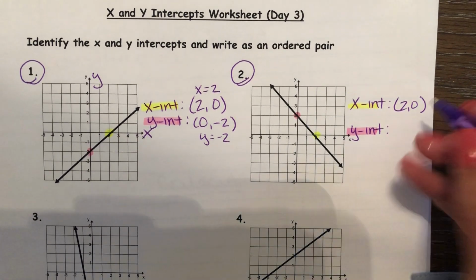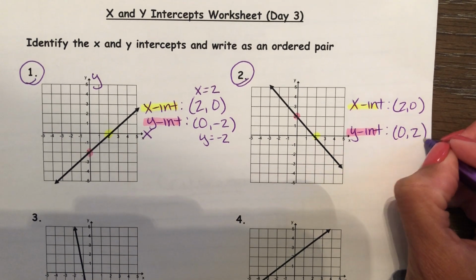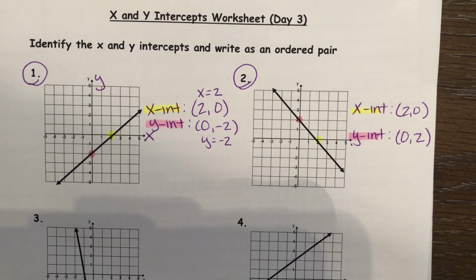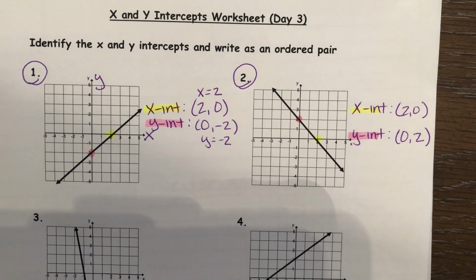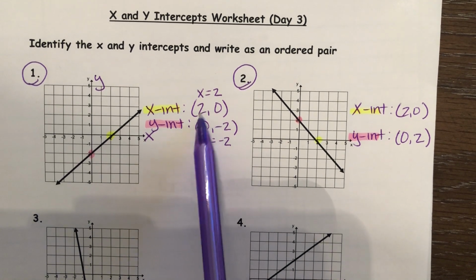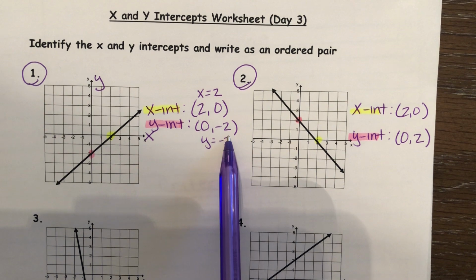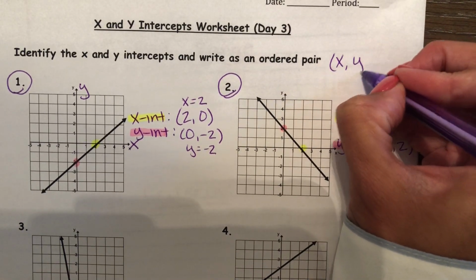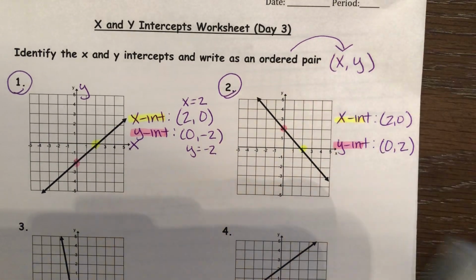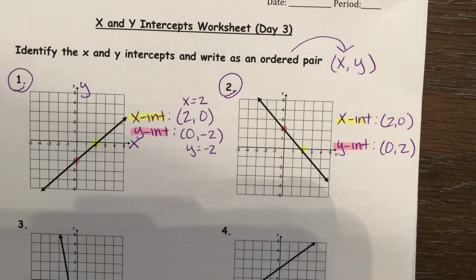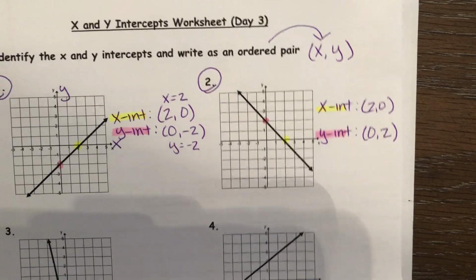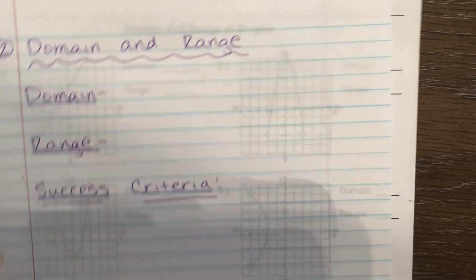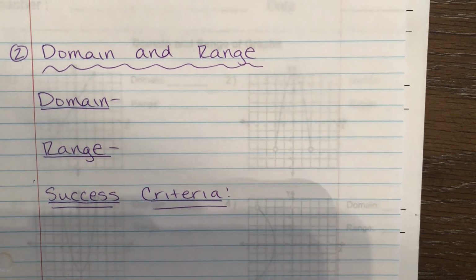So that would be the point (0, 2). Remember, in your ordered pairs, x comes first and then y. So the x value first and then the y value. You want to make a note of that. x, y is how you write an ordered pair. All right, so that is how to find x and y intercepts. Go ahead and complete the rest of that worksheet on your own and turn that in.